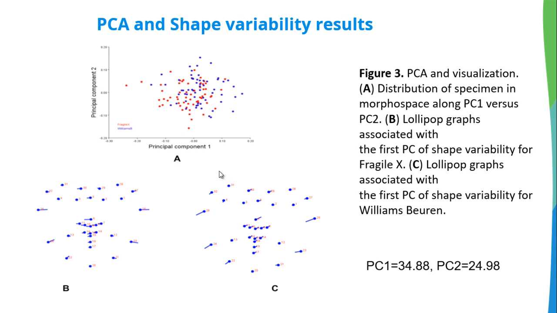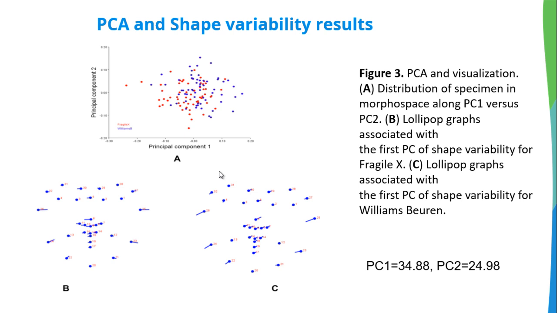Which indicates that shape variation is not concentrated in a single dimension of the shape space. I explained last time that sometimes it can concentrate on a single dimension, like PC1 can have almost 80% or 90%. These are in percentage. Forgive me, I did not put the percentage there. It would be 34.88% and 24.98%. Please add their percentages to your own.